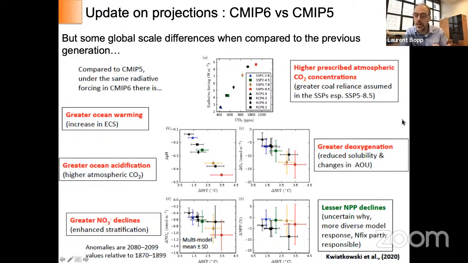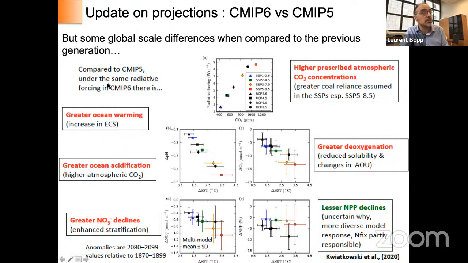Let me try to explain some of these differences in the projections. So as I said before, the greater ocean warming is linked to the increase in the climate sensitivity of many models. They are much more sensitive, and so they project more warming for the same scenarios. The fact that we have greater ocean acidification is linked to the fact that the scenarios have been built a bit differently between CMIP 6 and CMIP 5.